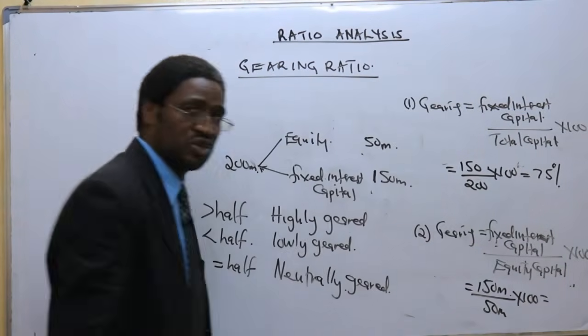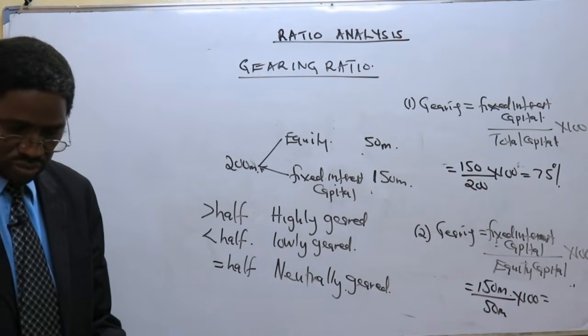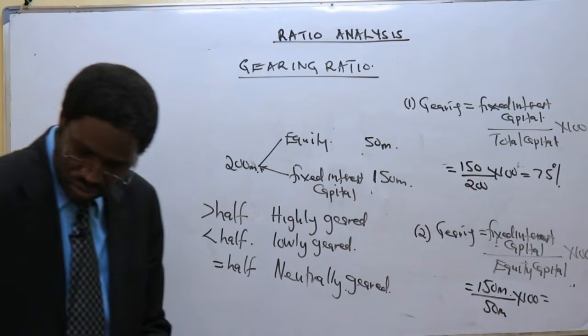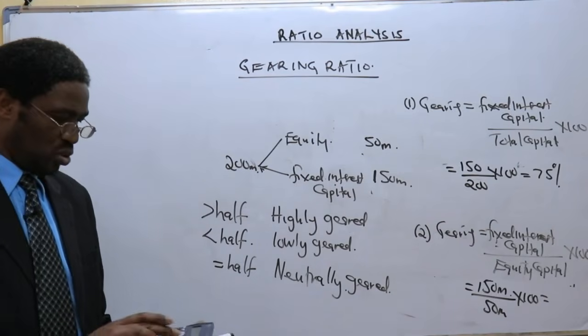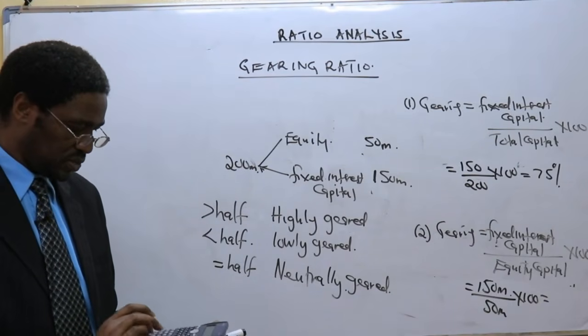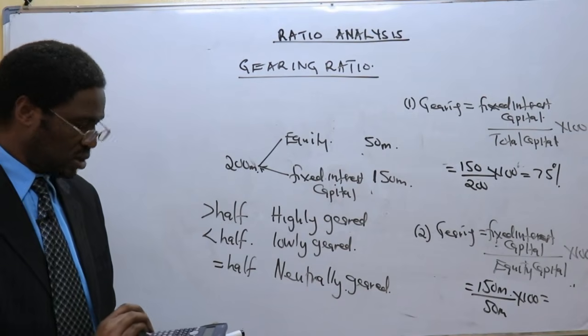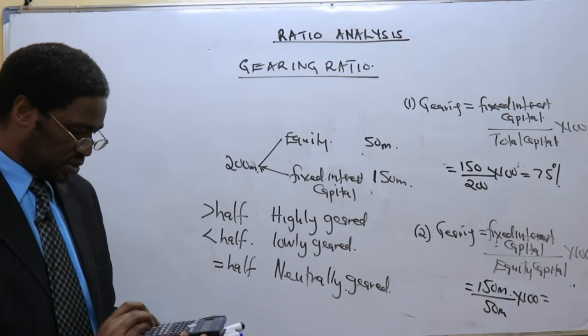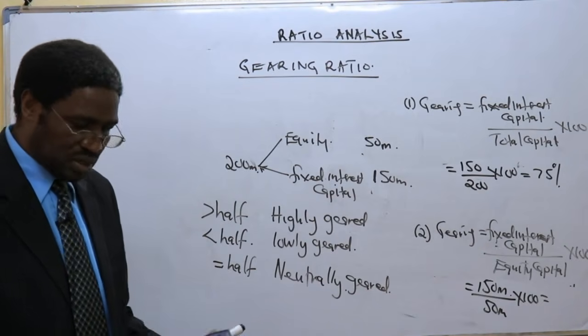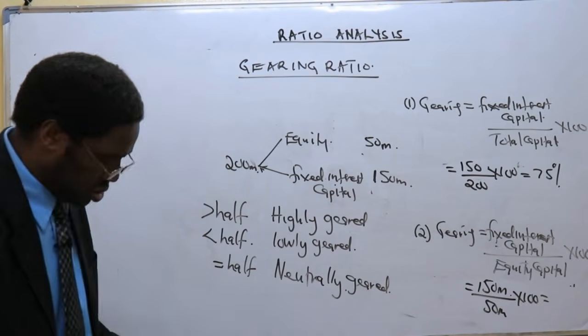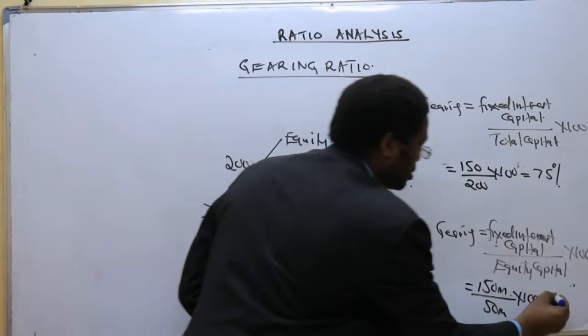What does it come to? It gives you 150 divide by 50 times 100. That gives me a ratio of 300%.